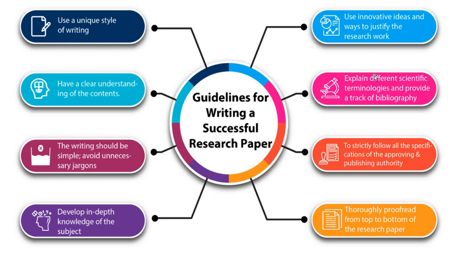Coming to the main thing, for the initial step, use a unique style of writing. You must identify it in your own way. First one, you must have a clear understanding of the content, which topic and which area we are planning to research. You must have a clear idea about this area.